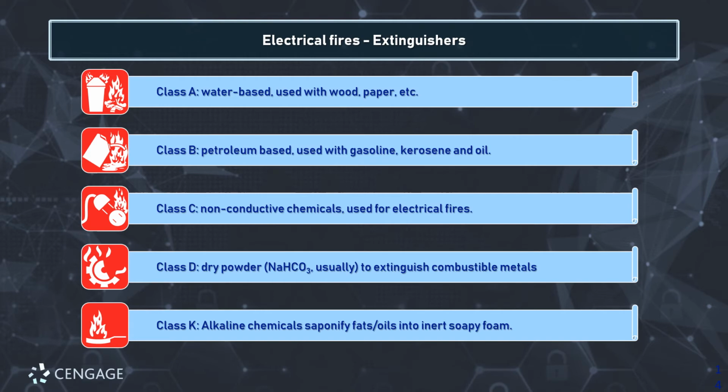Class B is a petroleum-based fire suppressant, which is going to be usually CO2 or a chemical foam. This is used with gasoline, kerosene, benzene, oil, anything made from crude petroleum. This is because the volatility and energetic nature of this material makes it much harder to put out.